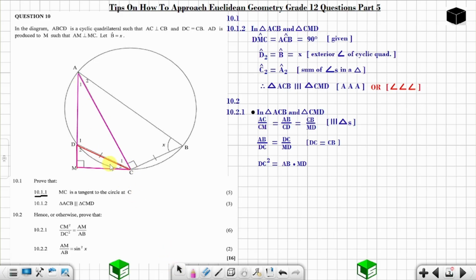In triangle AMC and triangle CMD, we have to first prove that angles in one triangle are equal to angles in another triangle.